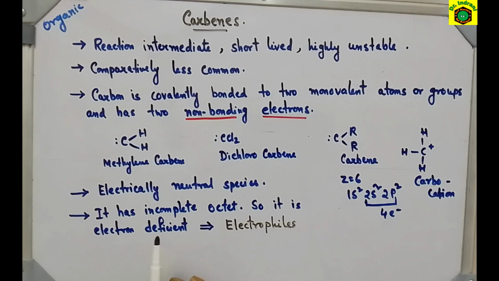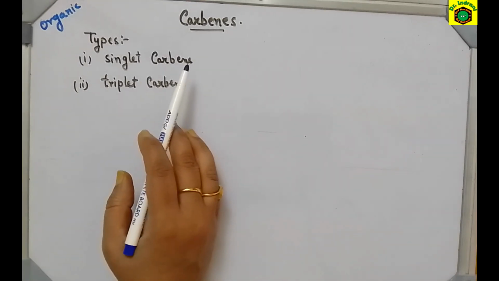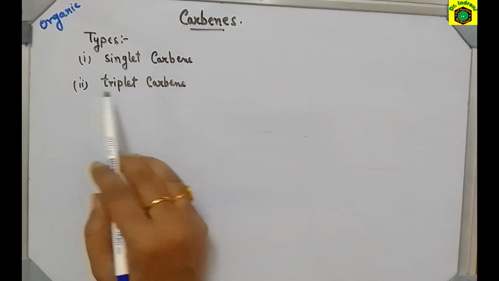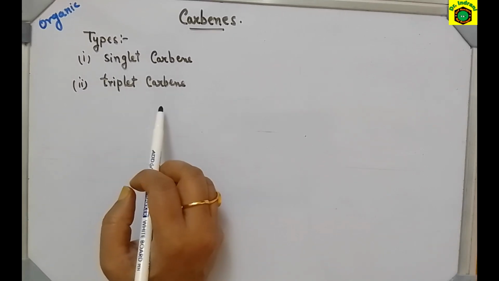Electron deficient species acts as an electrophile, meaning an electron-loving species. Carbenes appear as reaction intermediates in the Reimer-Tiemann reaction and the carbylamine reaction. Carbenes are of two types: singlet carbene and triplet carbene. I will explain each type a little.